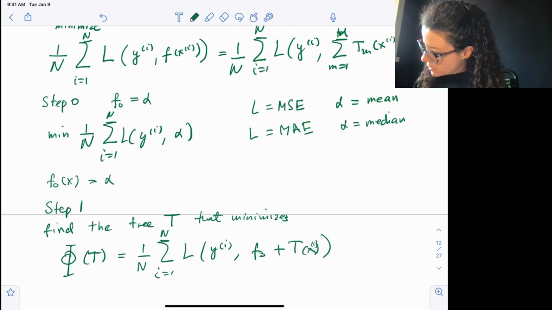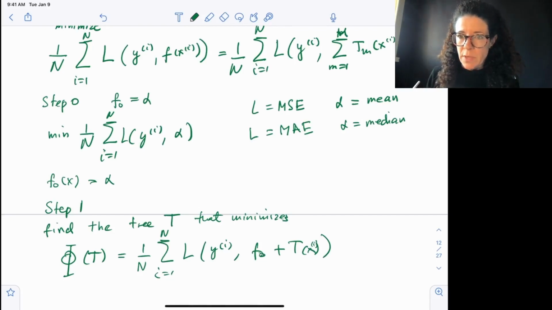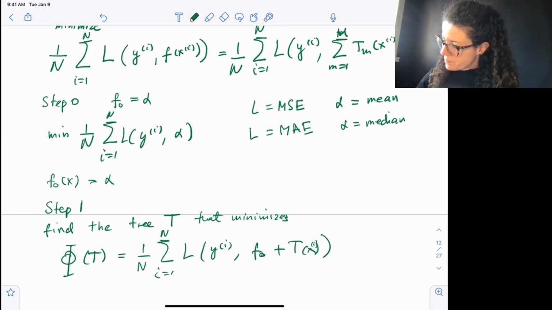Remember that we already found f0, so now we are trying to find t.